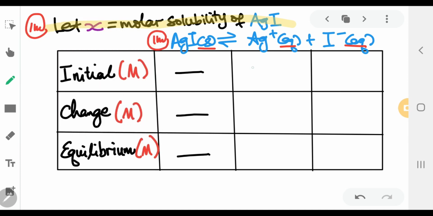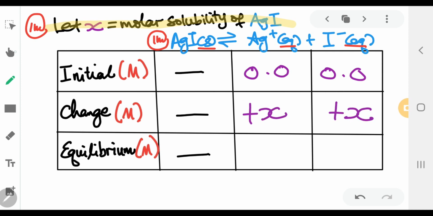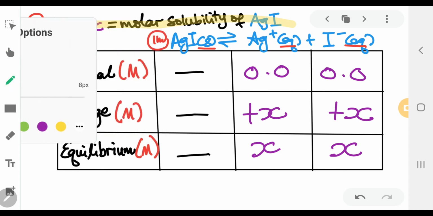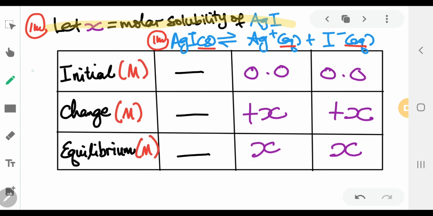In the beginning, we don't have this being made yet, and the change is plus X. These two are products, 1 mole, 1 mole. And at equilibrium, you have X, because 0 plus X gives you X. So this is the ICE table that you should be getting for this problem.